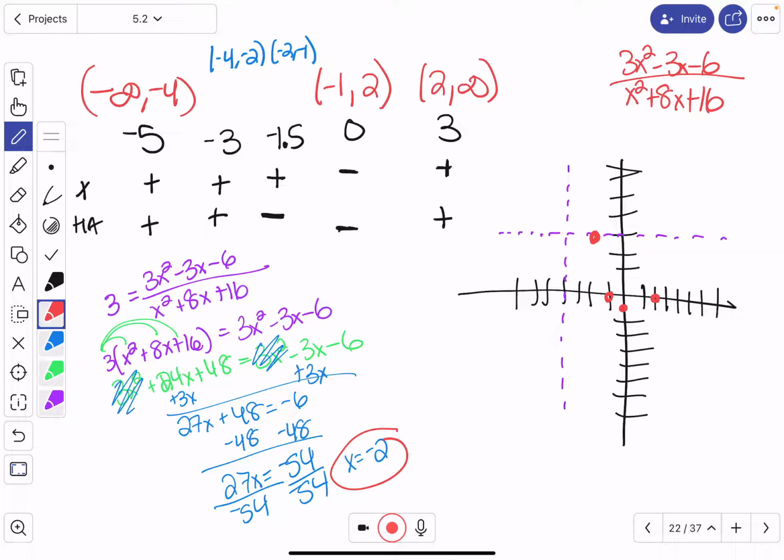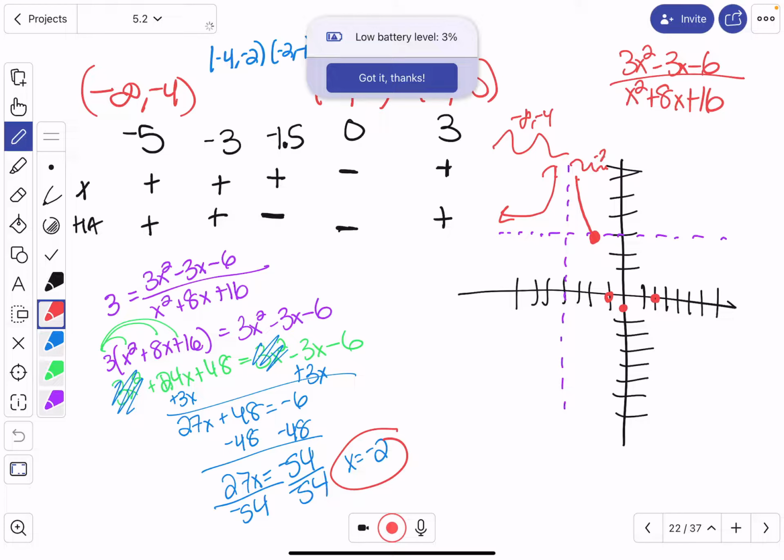So in our first section, -infinity to -4, we're above. In our second section, -3 to -1.5, we're above. Our third section is this little piece, -2 to -1. We're above the x-axis, but below the asymptote.